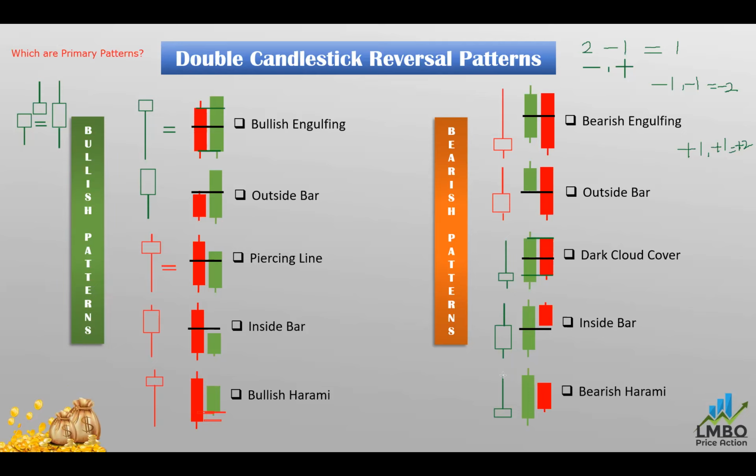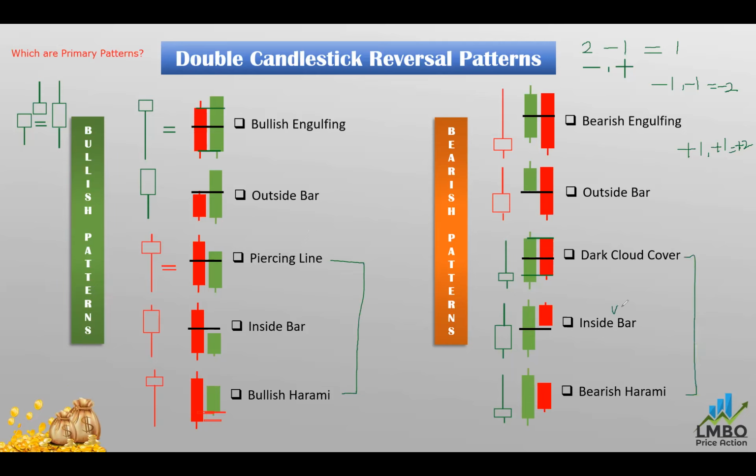So the bearish harami and dark cloud cover have the same power, but the inside bar is the weakest pattern. It is a weak pattern, but the piercing line and bullish harami have equal power, right? So this one and this one are equal in power.